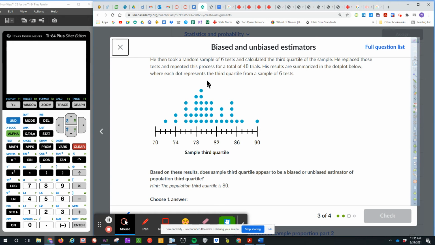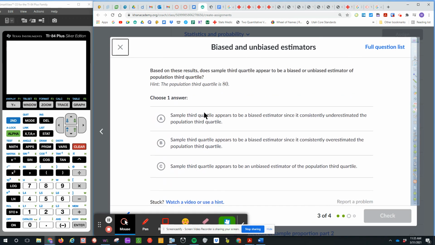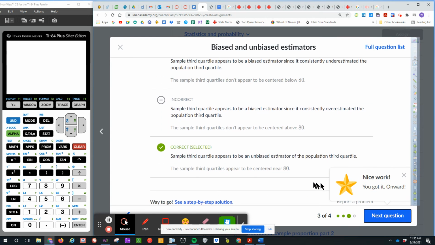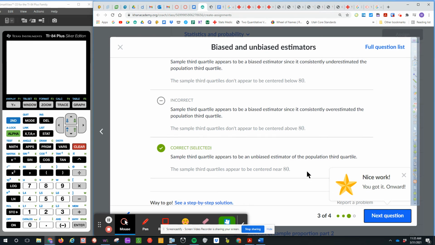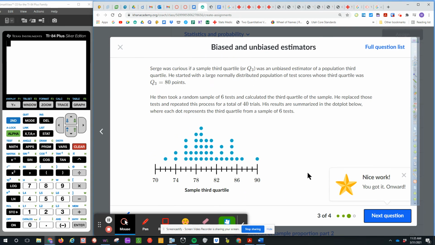Since it's in the middle, and you see all the distribution is somewhat in the middle, you can say that the sample third quartile appears to be an unbiased estimator, right? As long as it's in the middle, it's not skewed, there's not much more on the left, not much more on the right. It has to be, I would say, symmetric.